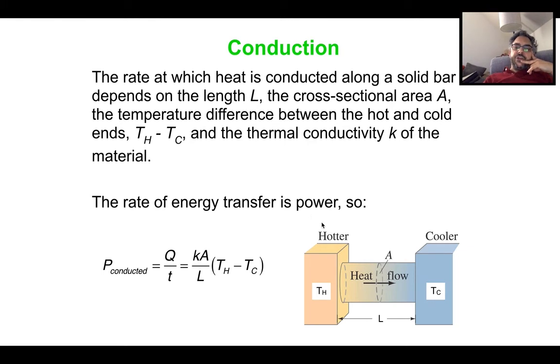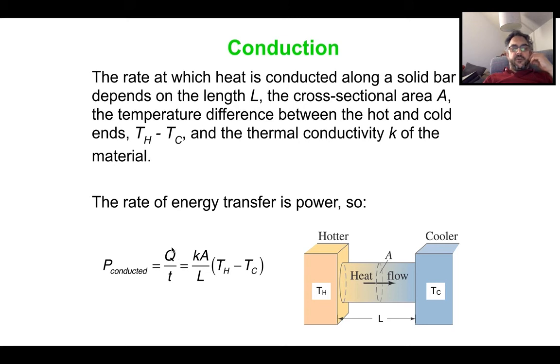And the energy transfer depends on the difference in the temperature, the length of the pipe, and the area of the pipe. And so it's given this way.